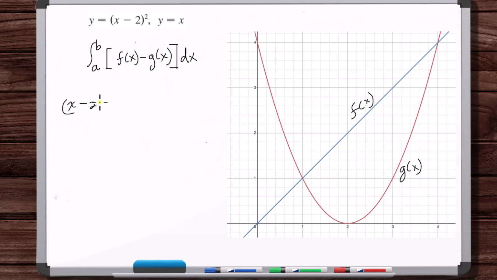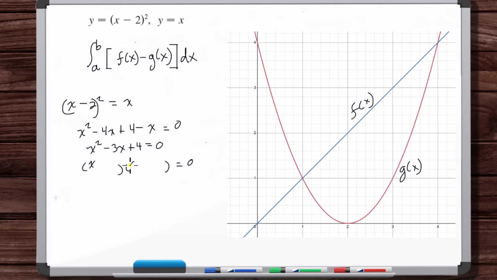We would set these two functions equal to each other and solve for x. So we've got x squared minus 4x plus 4, then bring over the x, is equal to 0. So x squared minus 3x plus 4 is equal to 0.